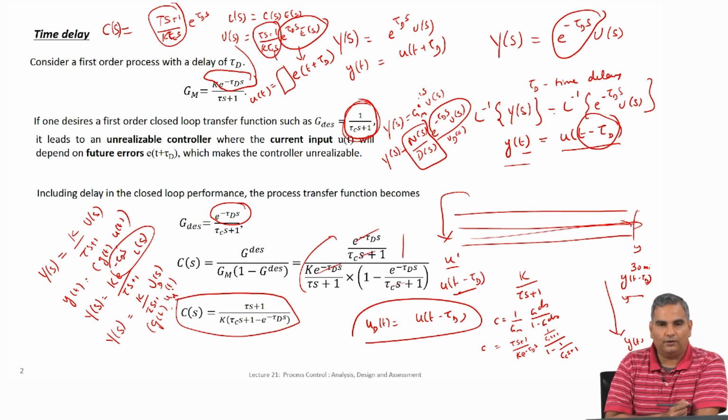Now, what we are going to do? We are going to look at this controller and then see whether we can realize this controller using techniques that we have learned till now, or are there other newer ideas that you need to address now for a controller of this form.